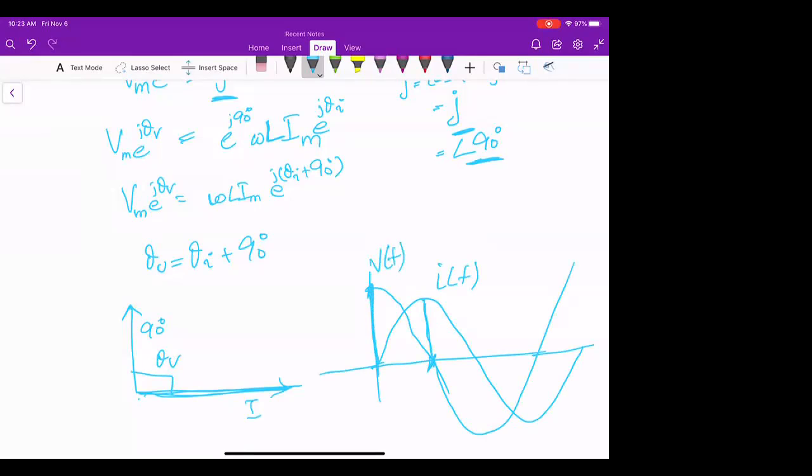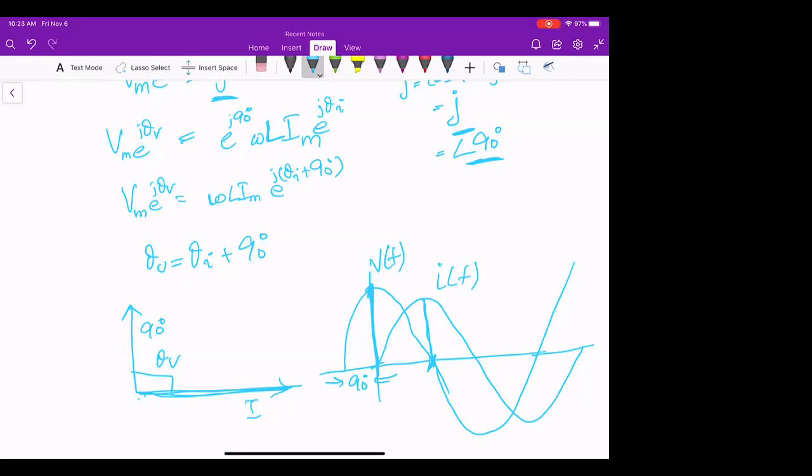That means that the angle between them will be 90 degrees. So voltage is occurring first and current is occurring later if the inductor is there. So that's the relationship between voltage and current if the inductor is in the circuit.